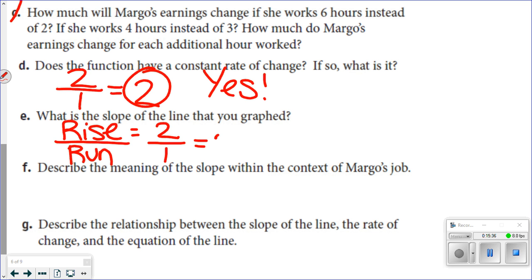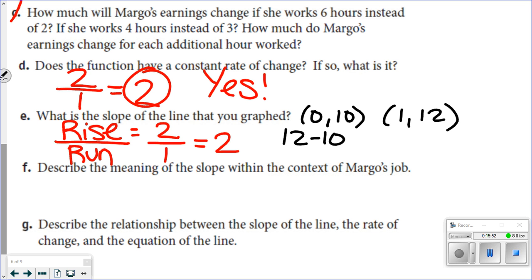We're going to reduce to 2. And if you want, I can write out the math for you. So I use the point 0, 10, and I use the point 1, 12. So from 12 to 10, we move 2 numbers. And from 1 to 0, we moved 1 number. So my answer was 2. Okay?